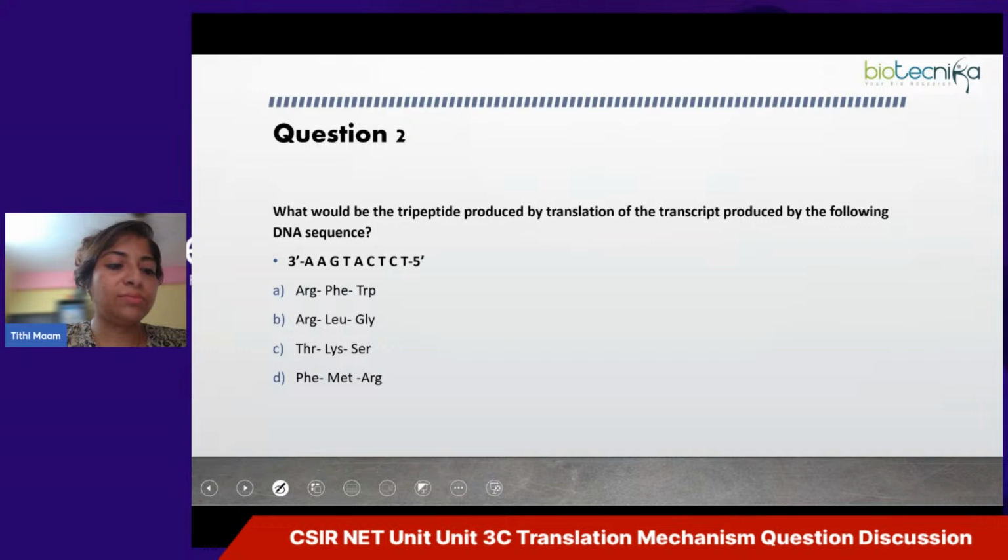One second. Yes. Okay, I will give you a couple of minutes. Tell me what will be the tripeptide produced by this sequence.